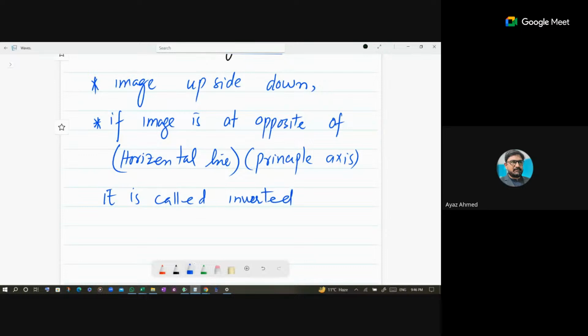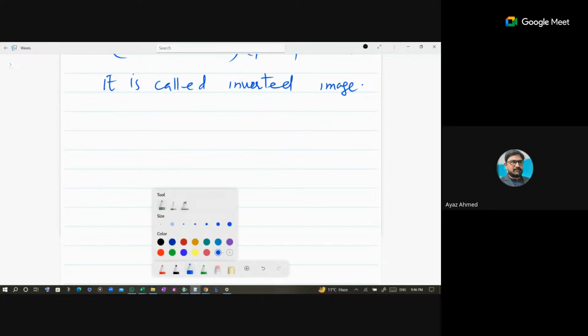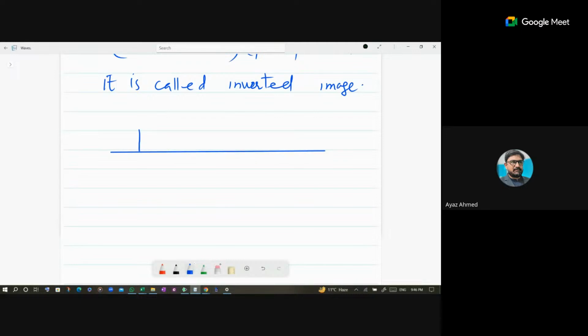Are you getting this? If I draw this, if this is an object and you are getting the image over here, I'm not going to draw the light rays, but just showing you that if the object is above the principal axis and the image is below the principal axis, or the other way round, it can be on both sides.